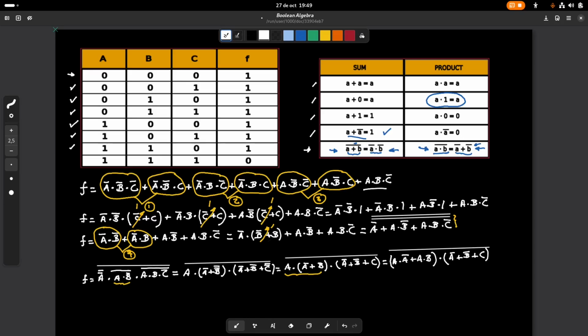So here I have that this term, okay, by using this Boole's algebra property, I have that A and A negated equals 0, so this equals 0.